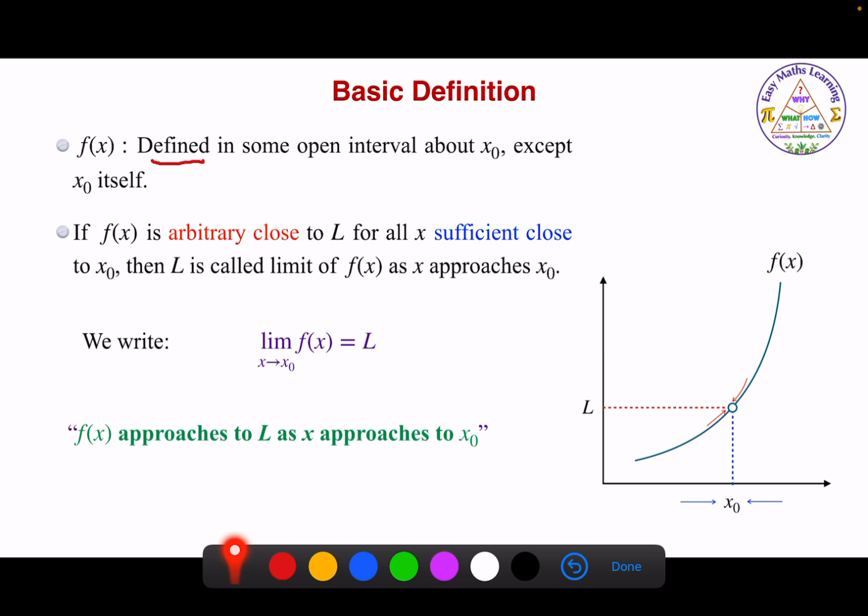From the graph you can also see that as x approaches x naught from the left, the function approaches the value L from the left. As x approaches x naught from the right, the function also approaches the value L. Now, limit and function value.